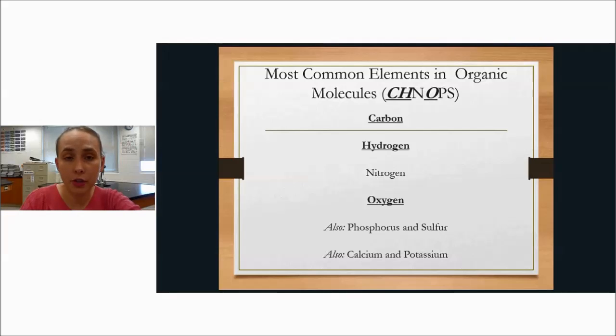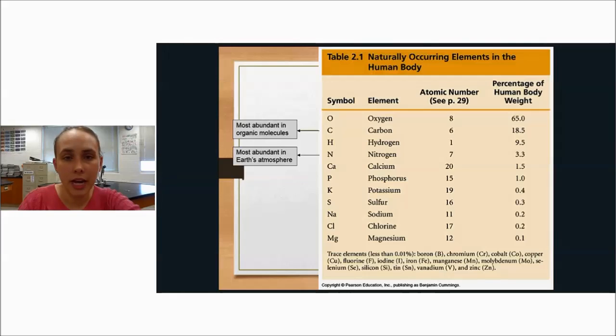And that'll be very beneficial for you to help remember those elements. Calcium and potassium are also very common, but the first six are the ones that you're going to really have to know.